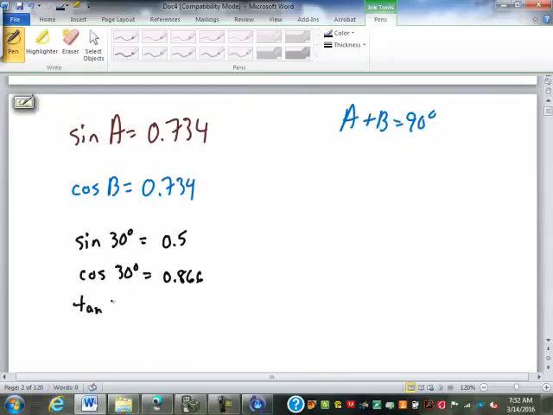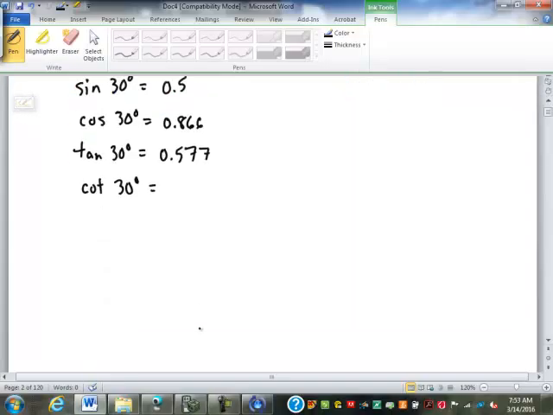Oh, you're in math type mode. Yeah, that's the same thing. Tangent of 30 degrees? 0.577, you got it. How about the cotangent of 30 degrees?